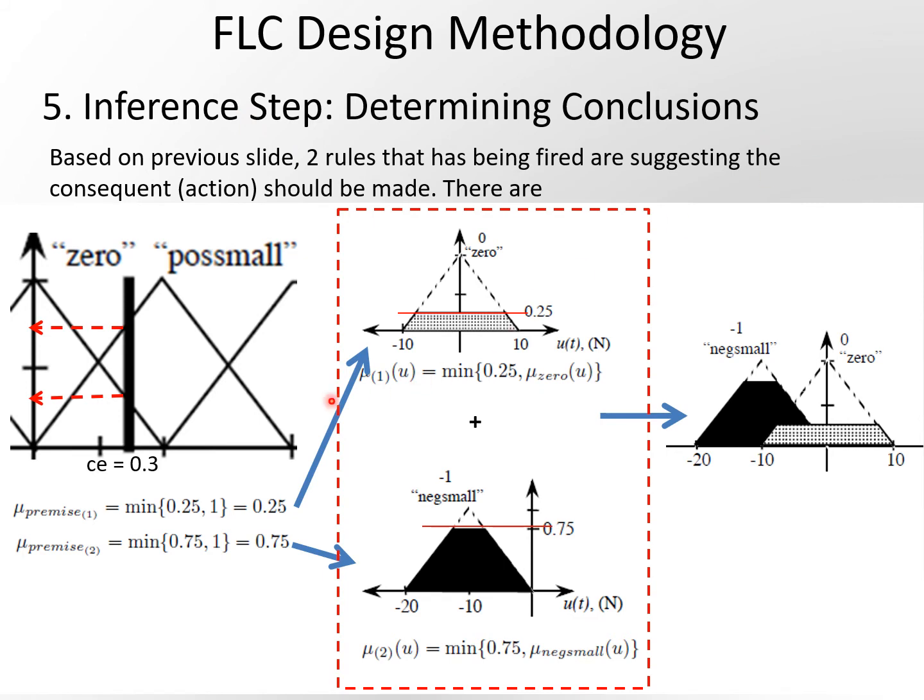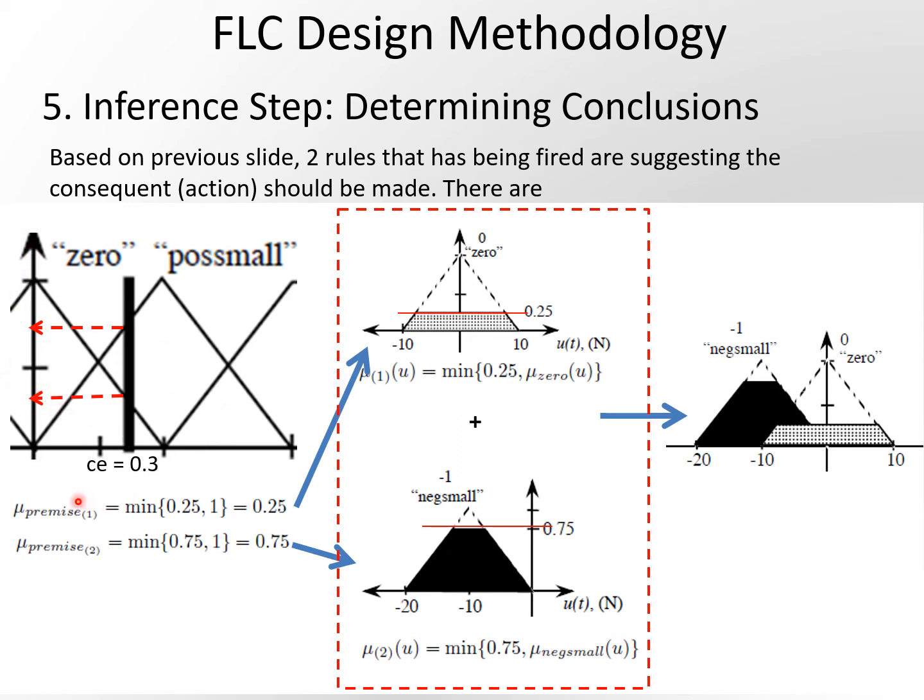So in this case, when we have the change in error of 0.3, as I said, we can fire 2 rules. One is with the 0 membership function, and one is the positive small membership function. So this mu is what we call the degree of membership, from 0 to 1.